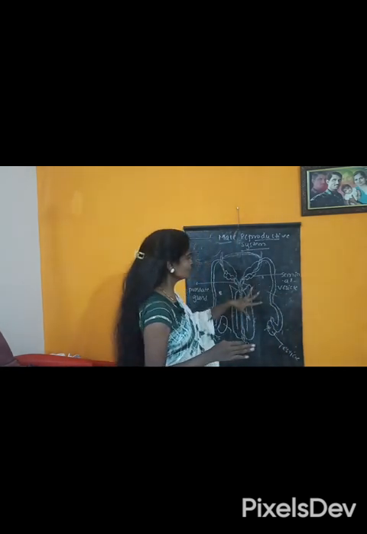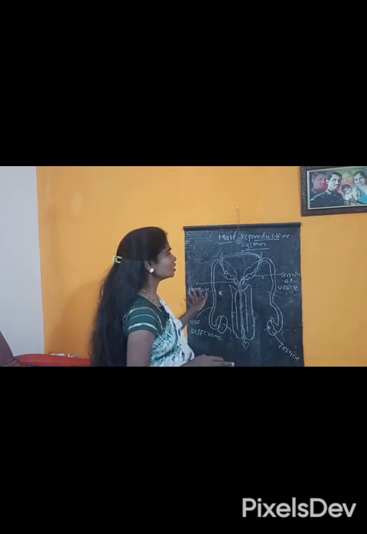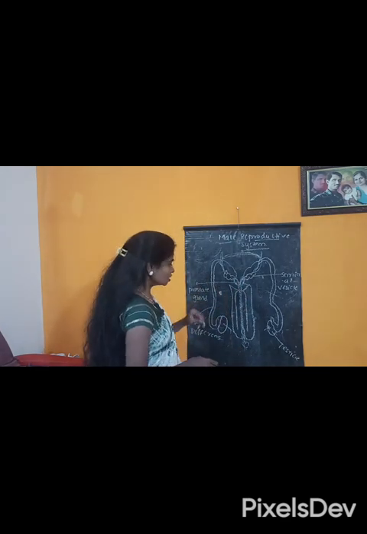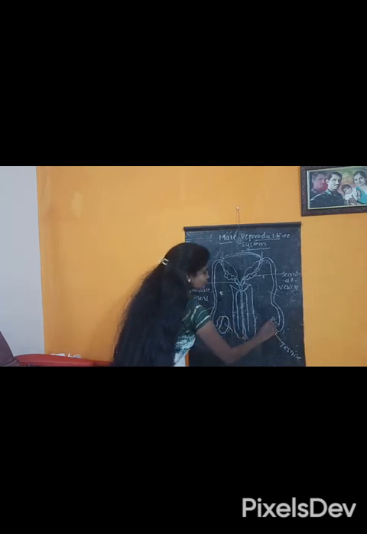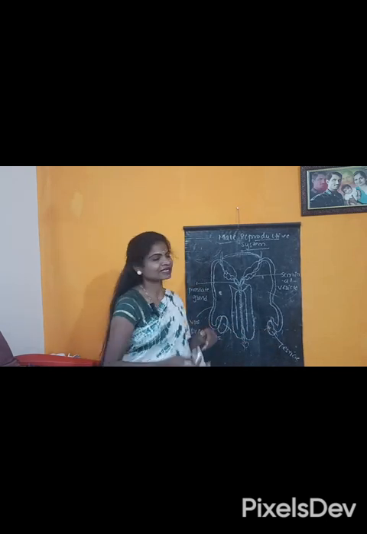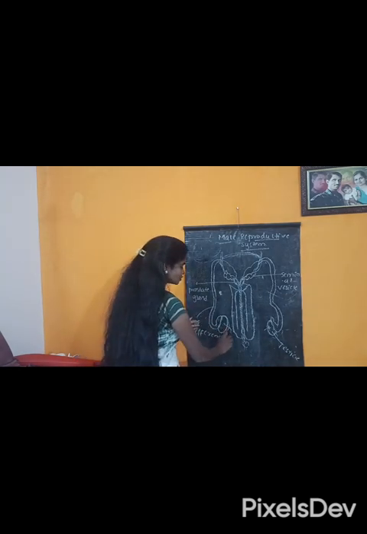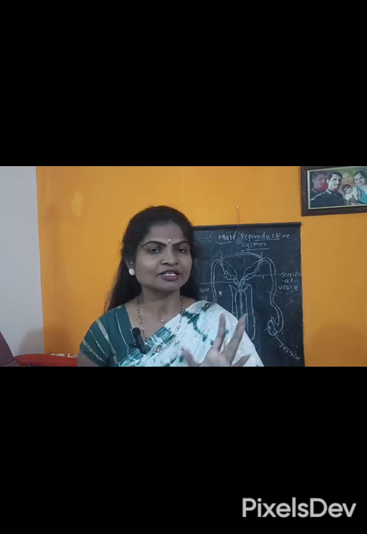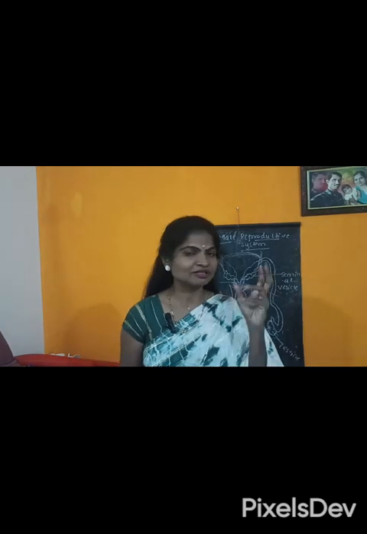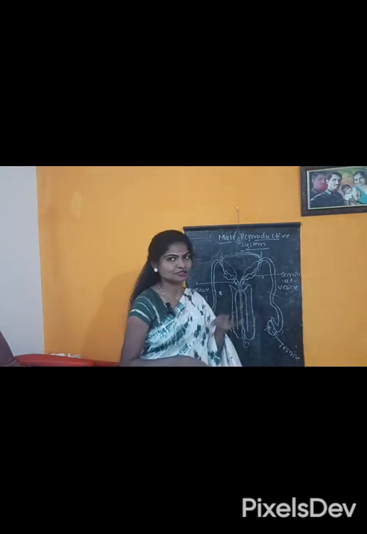This is all about the male reproductive part. One thing here is the testes. Where exactly are the testes located in the male body? They are present in the scrotum, which is outside the body. Why?